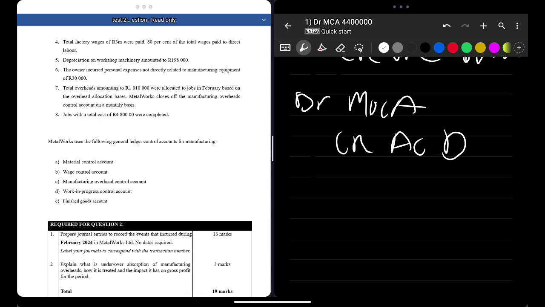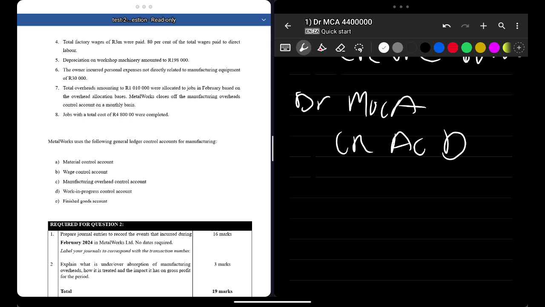Total overheads amounting to 1,010,000 were allocated to jobs in February. Very easy. As soon as they say these exact words, overheads were allocated, it means you credit the overheads account and you debit work in progress. I told you all accounts, direct material, direct labor, factory overheads, need to be closed off and go into work in progress.